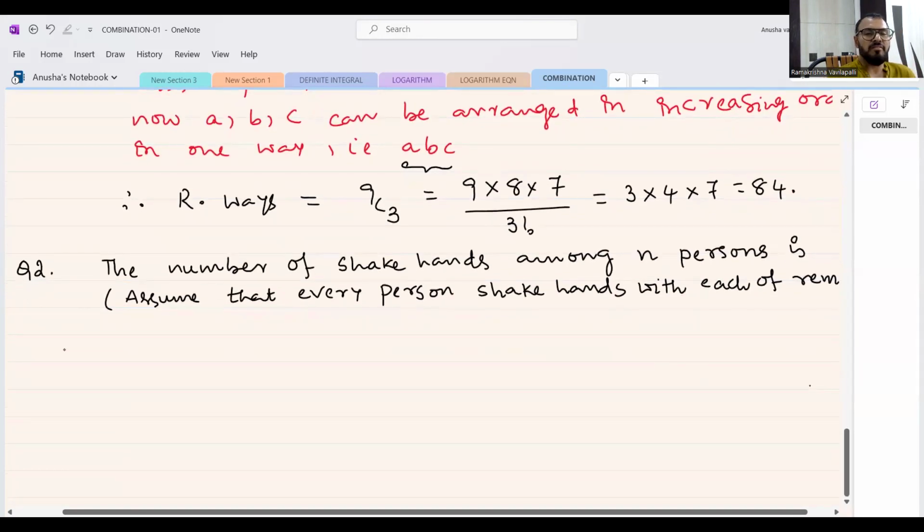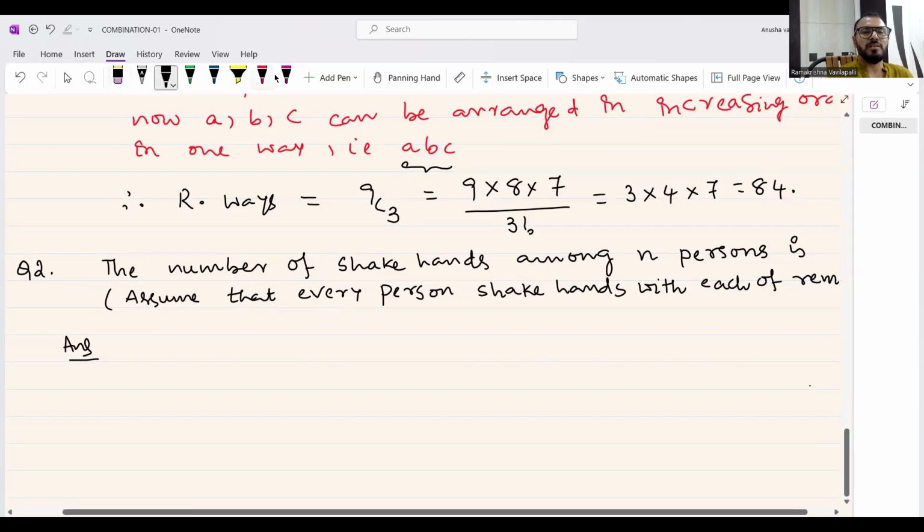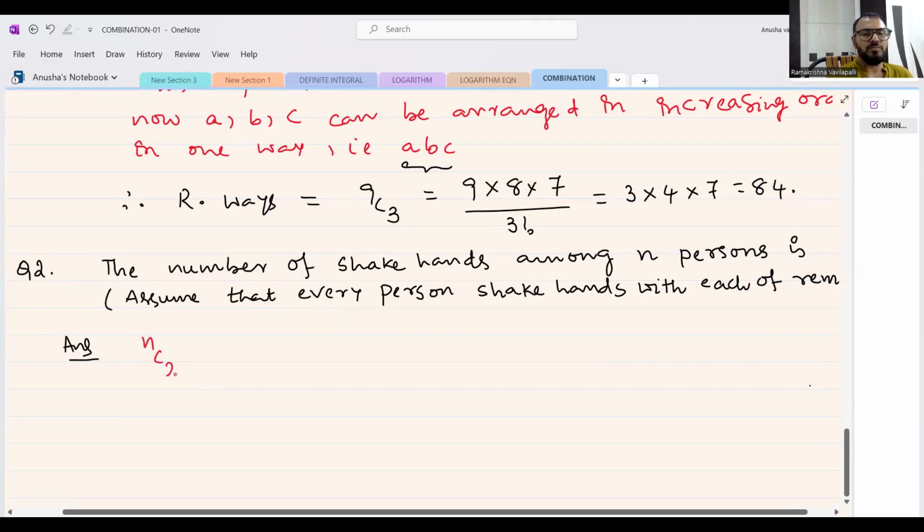The answer is quite simple: we have to select two persons out of n persons, so that they may shake hands. So the answer is nC2. Select two persons.